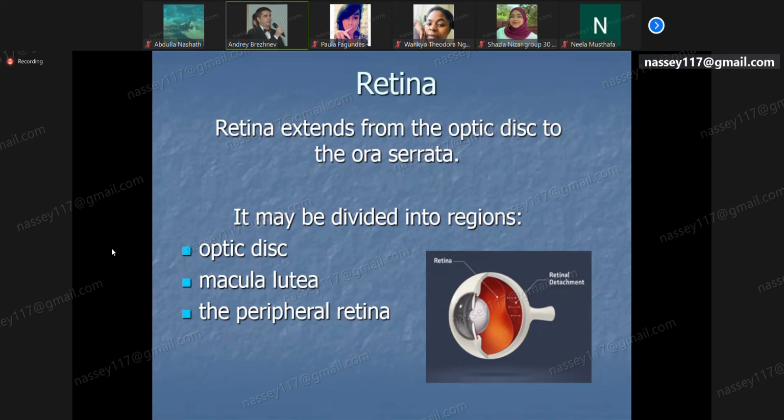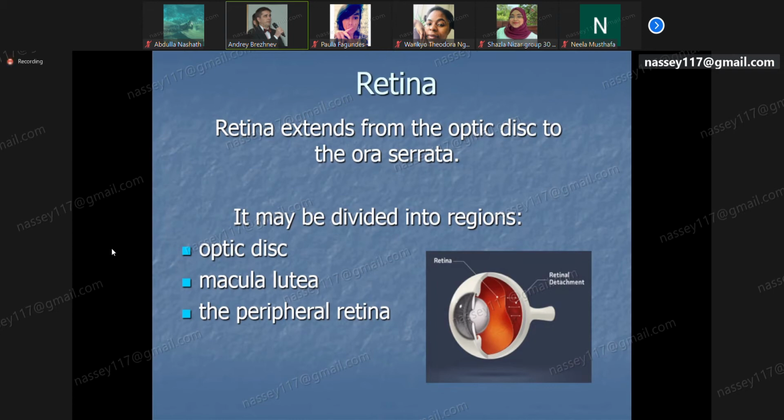Optic disc. It is a pale pink circular area of about 1.5 millimeters in diameter, where nerve fibers pass through the lamina cribrosa to run into the optic nerve. Then the macula lutea, or the yellow spot.